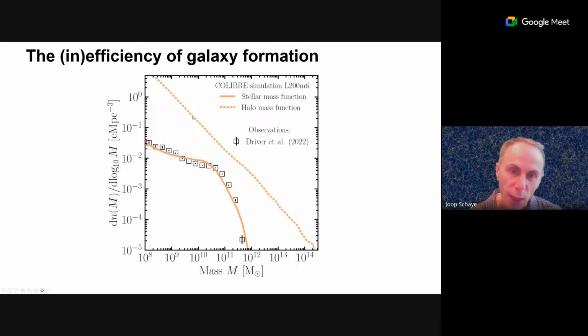What this dashed line shows is how many dark matter halos there are as a function of their mass. And what you can see is that the dashed line is above the solid line. And since for each galaxy there is basically one dark matter halo, the horizontal shift between these two lines tells you about the mass difference.